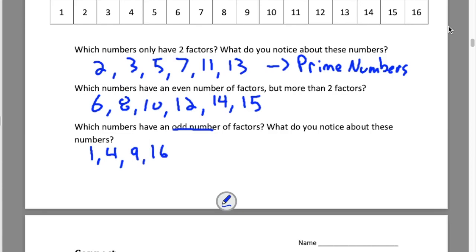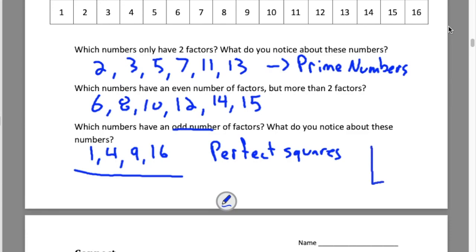And what did I notice about these numbers? Well, all of these numbers end up as perfect squares. They would all be perfect squares. And I know this because I can check with one of my area models from last lesson. So I'm going to use the number 9. So is the number 9 a perfect square? Well, let's see. If I draw a square that has an interior area of 9, can I make it work to have a whole number as a side length?